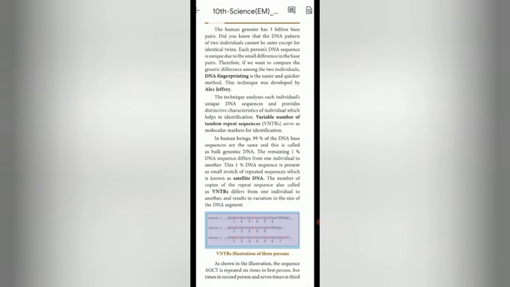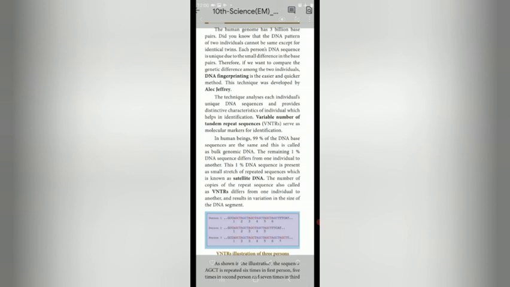The human genome has 3 billion base pairs, that means nitrogenous bases. DNA is the important hereditary material which is present in human beings.